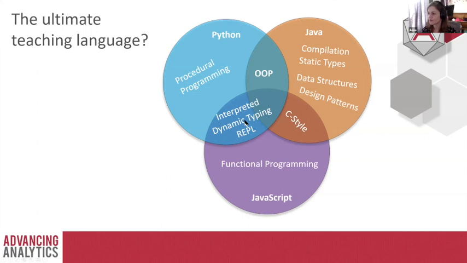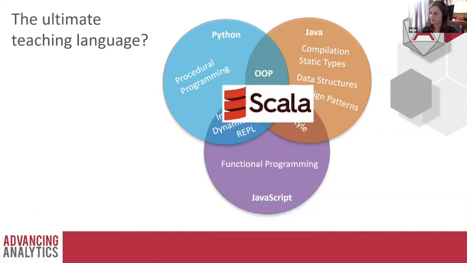So how can we join all of these together within the programming realms? Well, Scala sits over all of these and offers all of these features. So essentially, if you're really serious about programming, Scala is a great language to get started with.